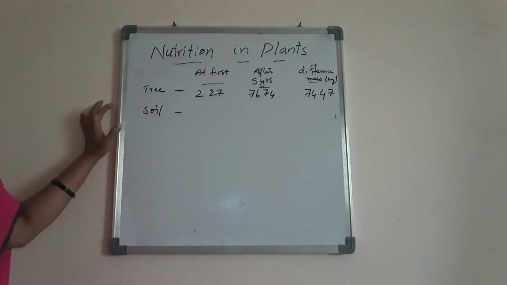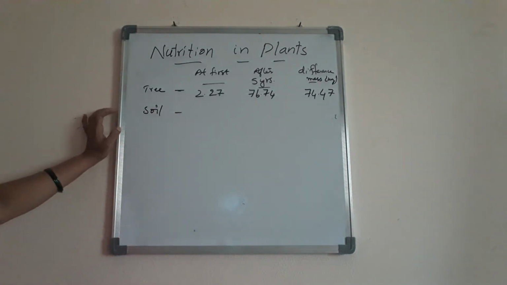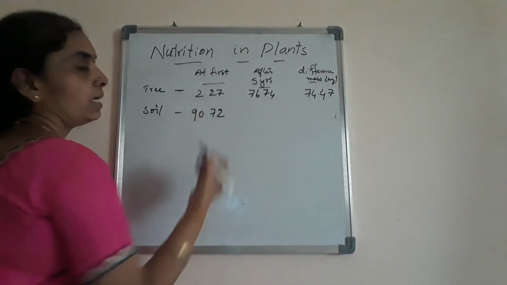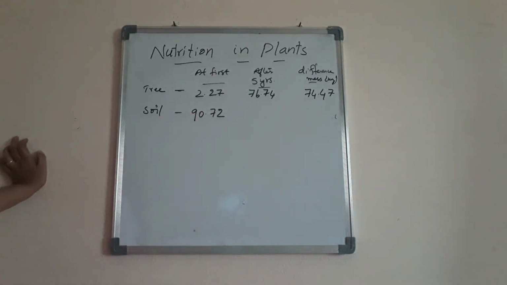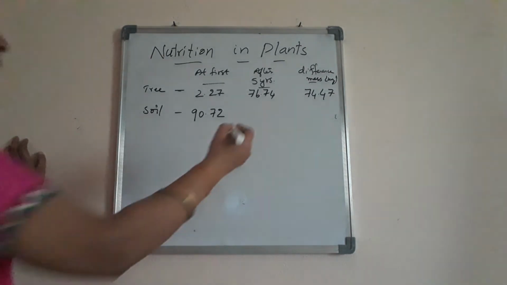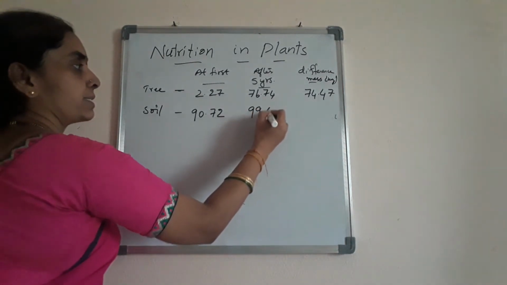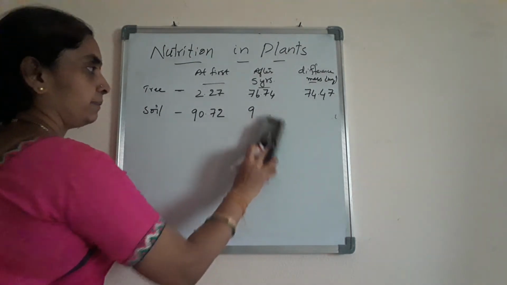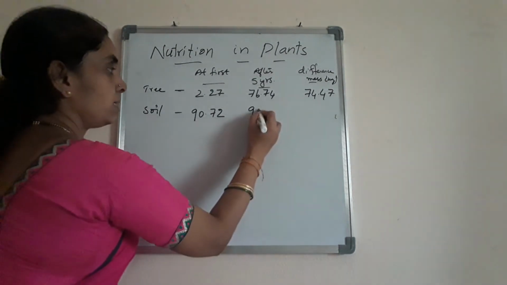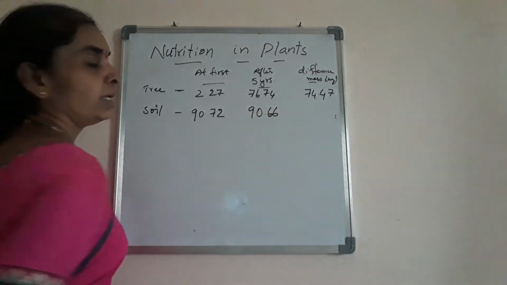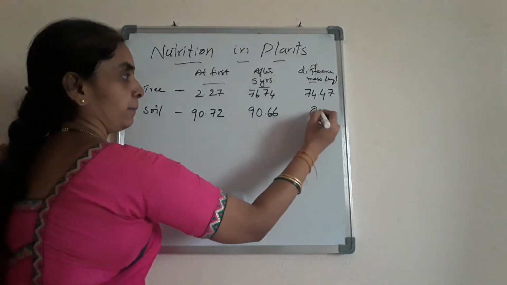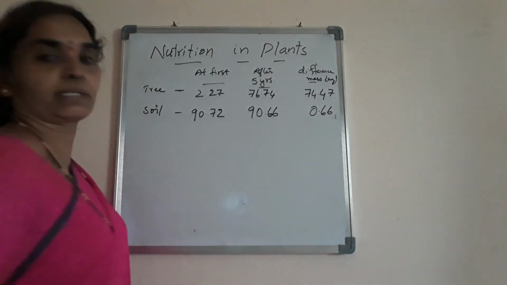And the next comes the mass of the soil. The mass of the soil was 90.72 in the beginning and 90.66 after 5 years. It was reduced, and the difference being 0.66 kgs.